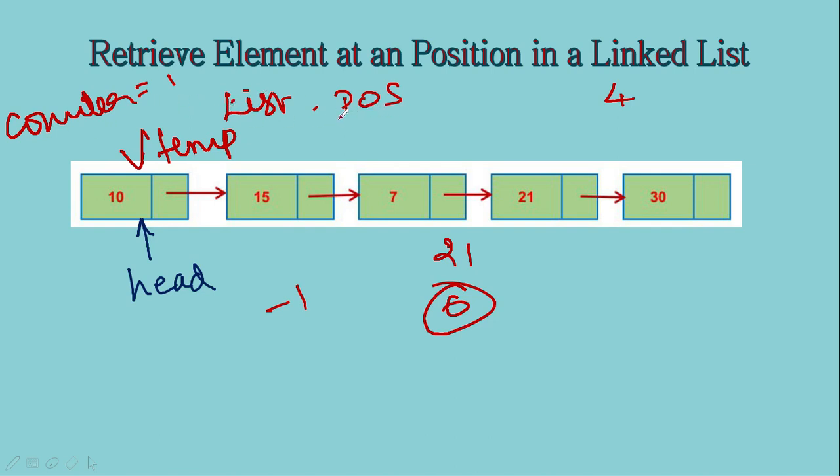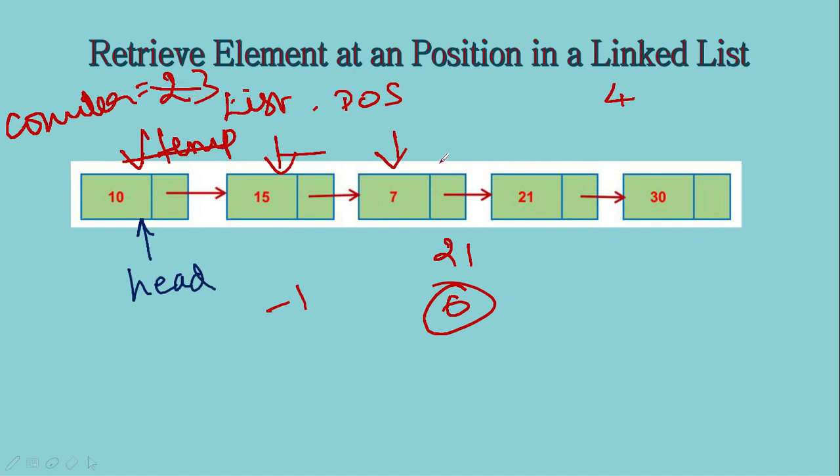If it is equal, then we can return the data part of the node pointed by temp, right? Otherwise, we move temp to the next node and increment the counter. Then we check whether the counter value is the same as the position. If so, we return. Otherwise, do the same: increment the counter and move the temporary pointer.